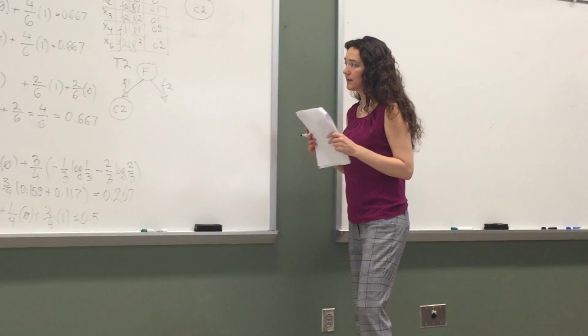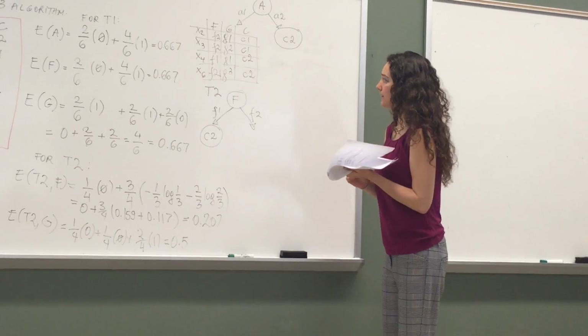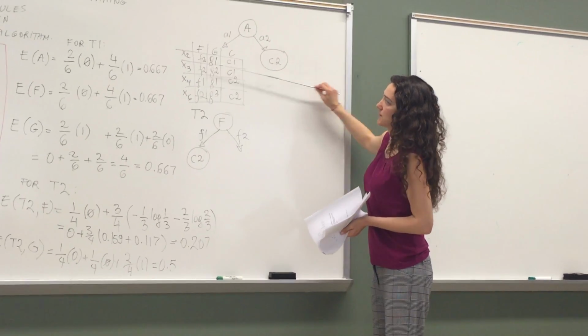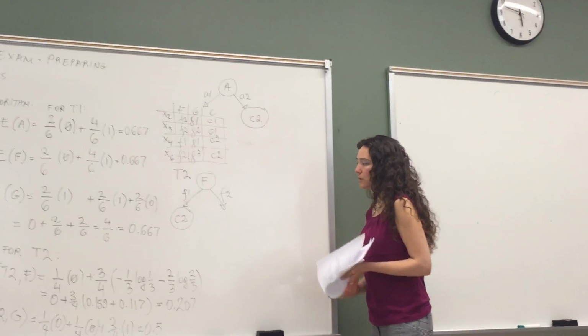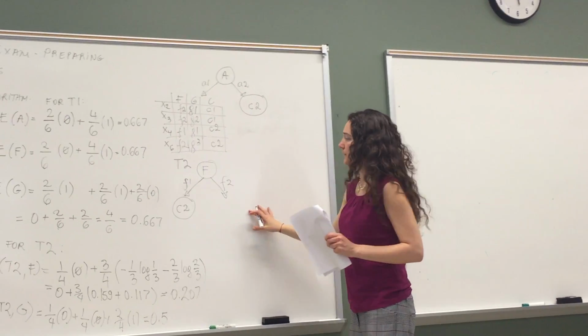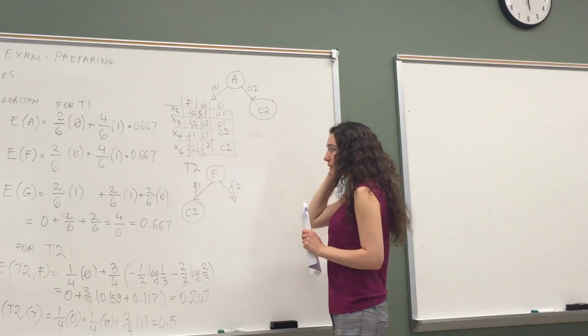And on the other side, if F is 2, some of the F2s have C1, another F2 has C2. So we're gonna create a table here. That's gonna be table 3.